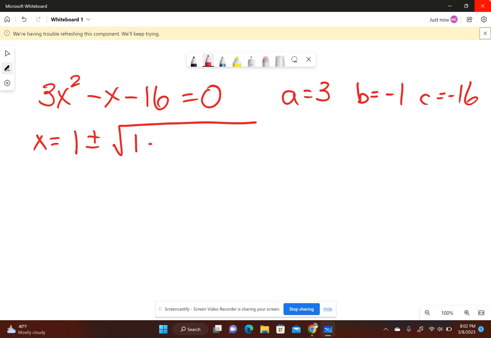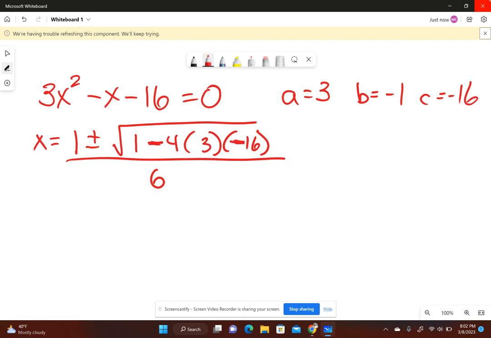B squared is 1 minus 4 times 3 times negative 16, all over 2a, which is 6. Again, notice I have minus a negative, that becomes plus. So 4 times 16 is 64. 64 times 3 is 192. So I get x equals 1 plus or minus the square root of 193 all over 6.